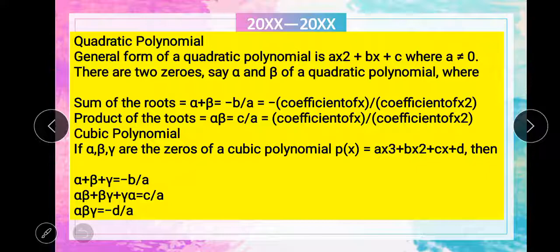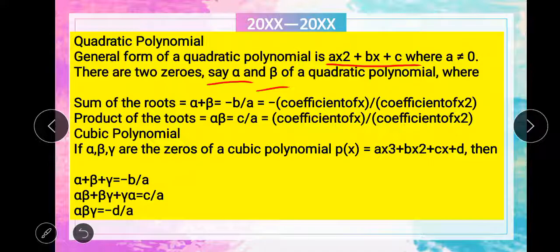Quadratic polynomial. The general form or standard form of a quadratic polynomial is, as we know, ax square plus bx plus c, where a is not equal to 0. There are two zeros, say alpha and beta. Then we can define the relation between zeros and coefficients.